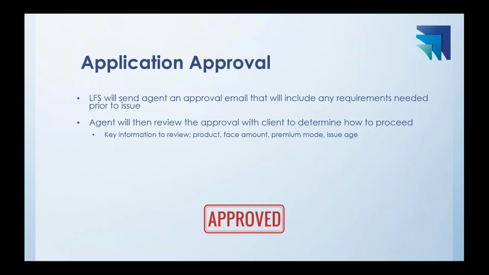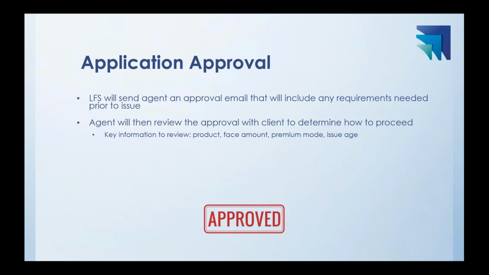Well, obviously that's a lower underwriting class, and so their premiums are going to go up. Sometimes that's fine. It's still going to stay within their budget, so you can just let us know, yeah, that's great, go ahead and issue the policy. On the flip side, maybe you applied at standard, and your client was approved preferred, so now their premiums are going to go down. Again, maybe that's just fine, we'll leave it there.